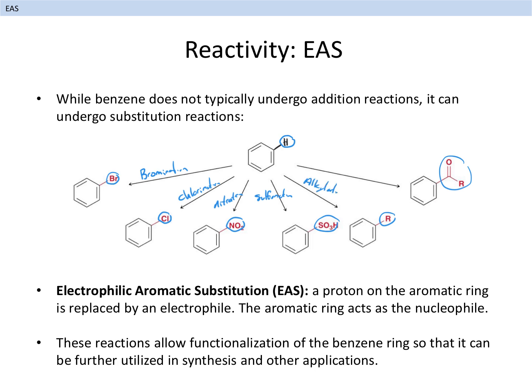These reactions are crucial because they allow us to functionalize the benzene ring. This means we can introduce different groups onto the benzene ring, which can then be used in further synthesis or for various applications in organic chemistry and industrial processes.